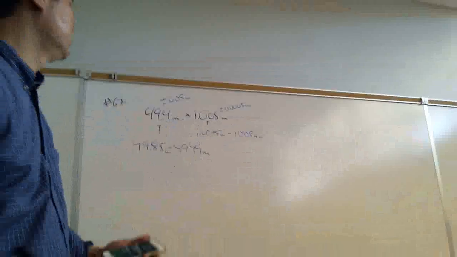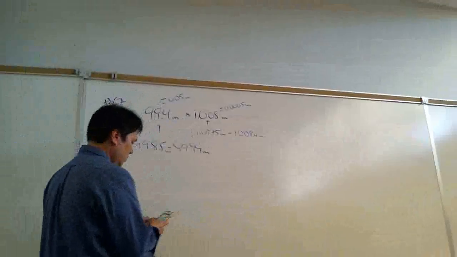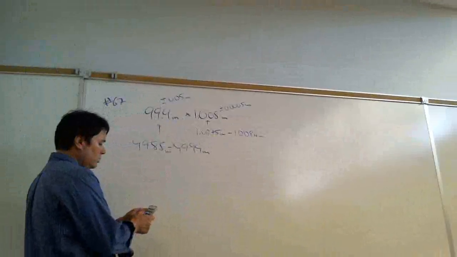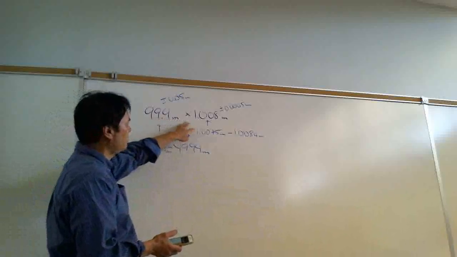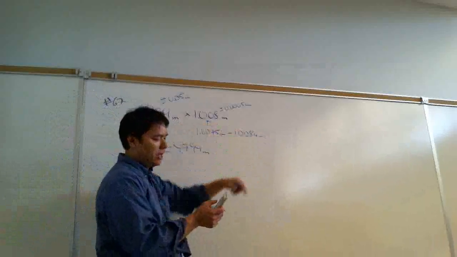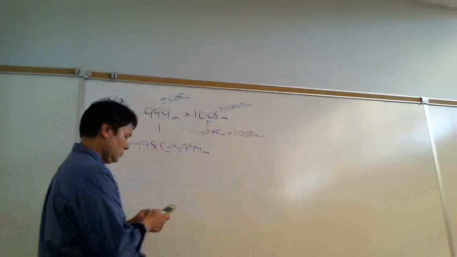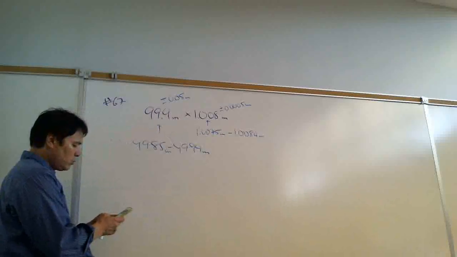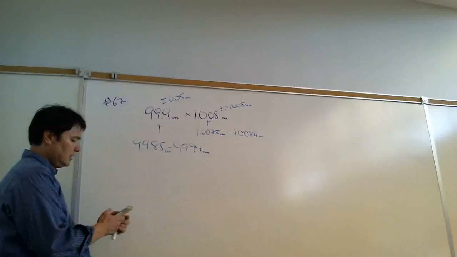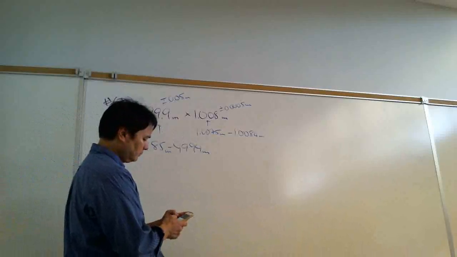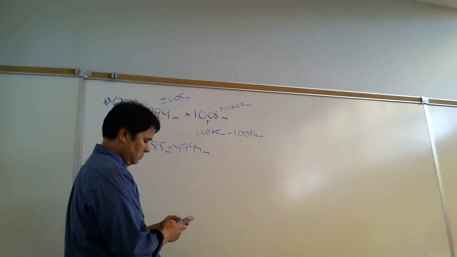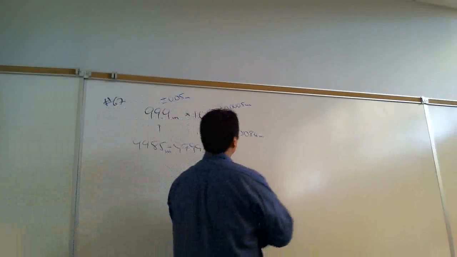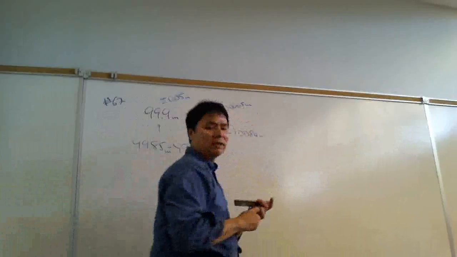But what I want you to do is ignore sig figs when you do this, and just go ahead and write more digits than you're allowed. Following the rules of sig figs, we have 3 sig figs here, 4 sig figs here, so our final answer should have how many sig figs? 3. So 99.9 times 1.008 gives us the answer, and I want you to write it with more digits than you're allowed.